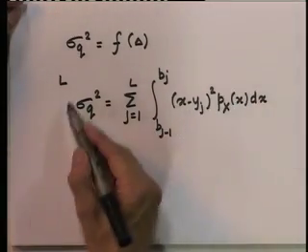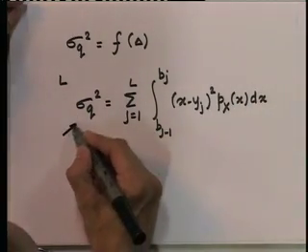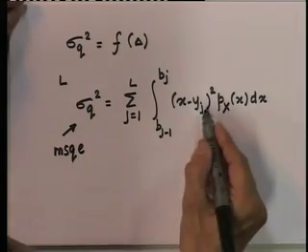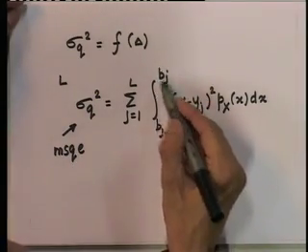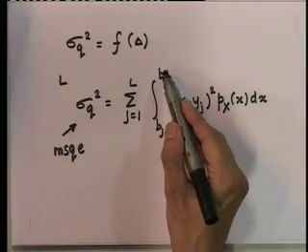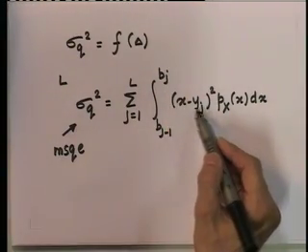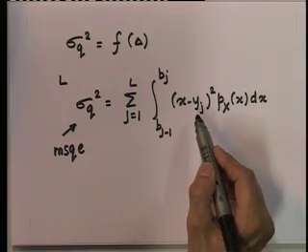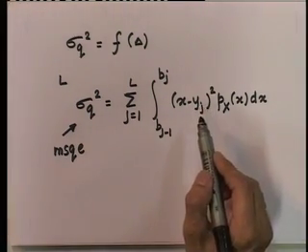Now, this is the mean squared quantization error as a function of reconstruction level and decision boundaries. So, we should replace the decision boundaries, that is Bj's, and reconstruction levels Yj by functions of delta.